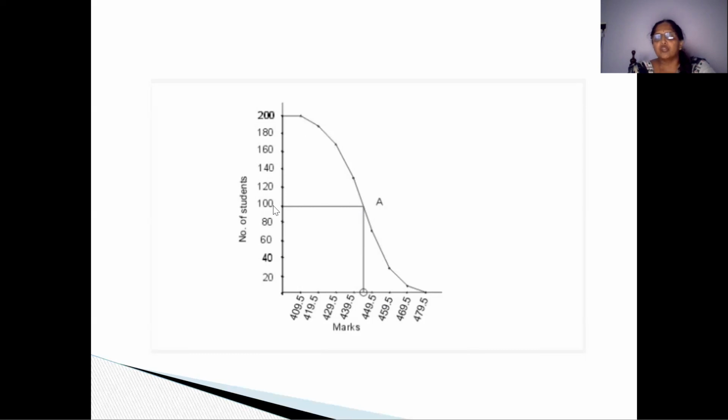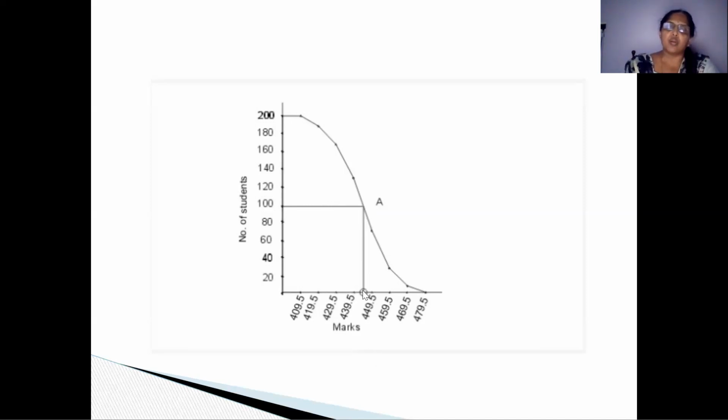How do we locate the median? Same way, n divided by 2, that is 200 divided by 2, 100 is here, where it touches the ogive. From this point to this, we get the median. Just as we located the median in the less than ogive, same way we locate it in the more than ogive.